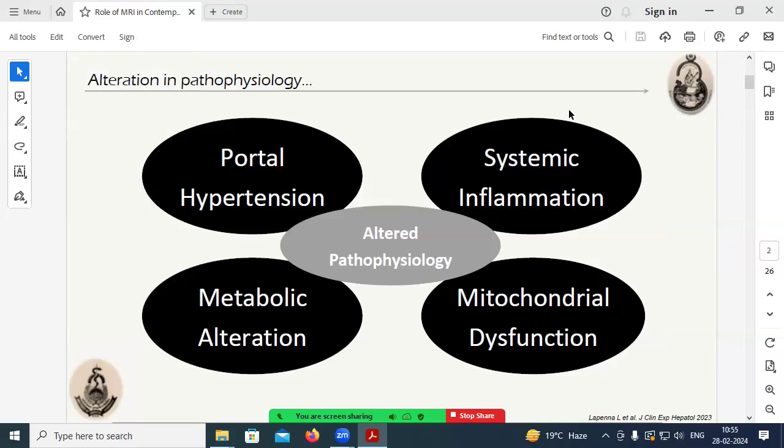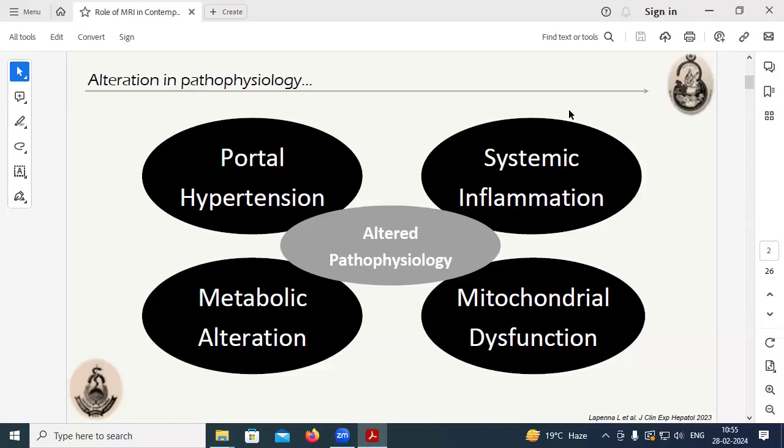Classically, we have been told that it's just the altered portal physiology, the altered portal blood flow, that causes the disease process in portal hypertension. But now, with the increasing body of evidence, there are many more stakeholders which have been brought into the picture. That is the systemic inflammation, the mitochondrial dysfunction, the metabolic alterations.